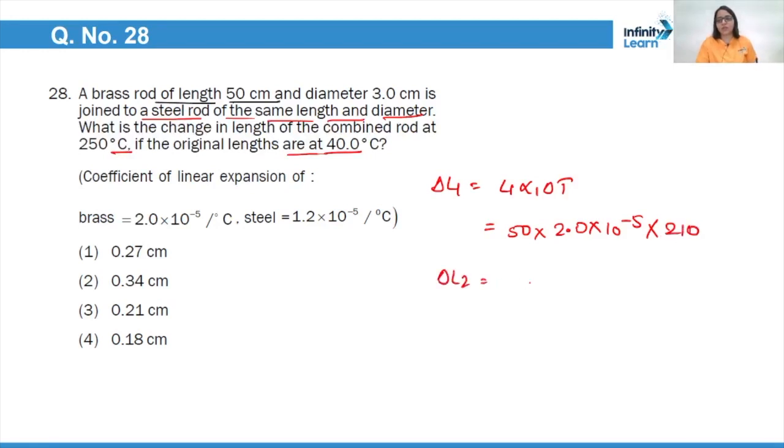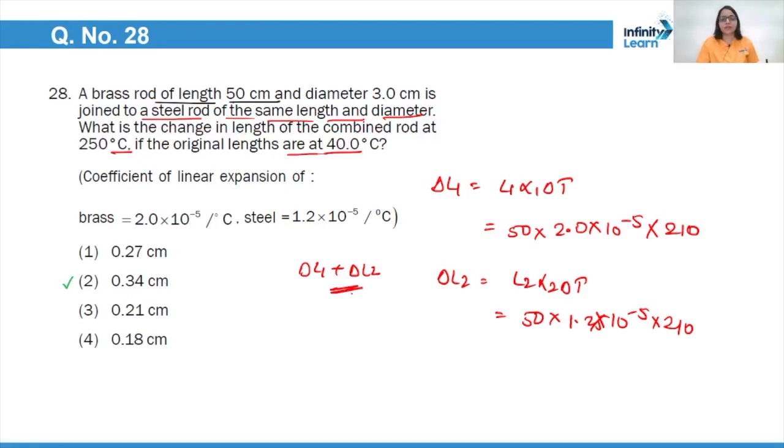Delta L2 will be L2 alpha 2 delta T, which is the change in length of the steel rod, which is 50 centimeter, alpha 2 is 1.2 into 10 power minus 5, into delta T is 210. So change in length will be delta L1 plus delta L2. So after calculating this value, you get the change in length as 0.34 centimeter, which is option 2.